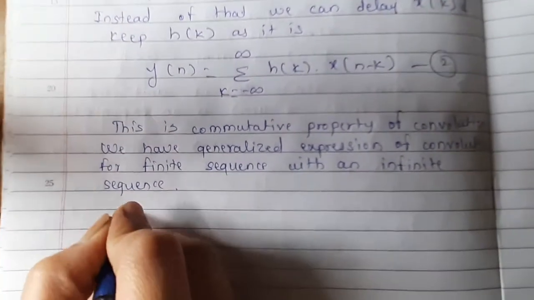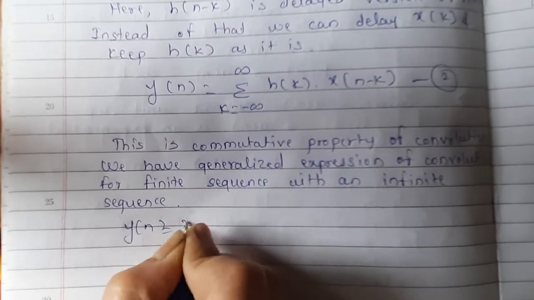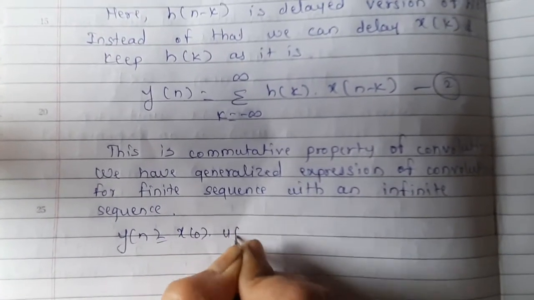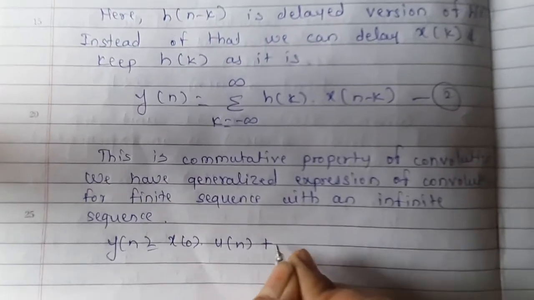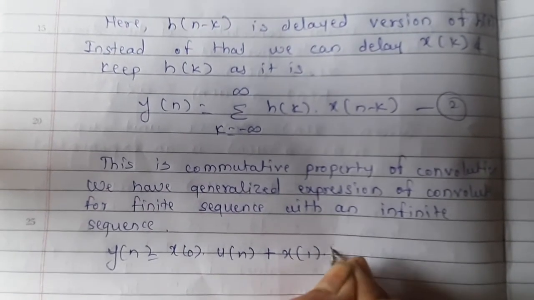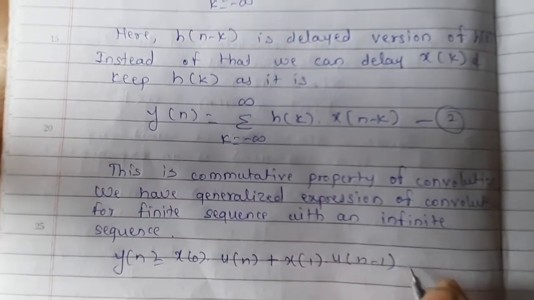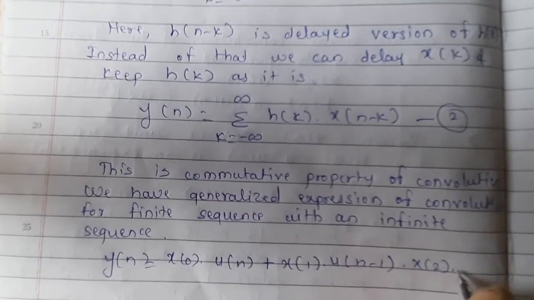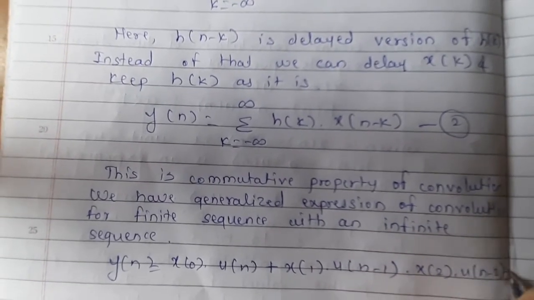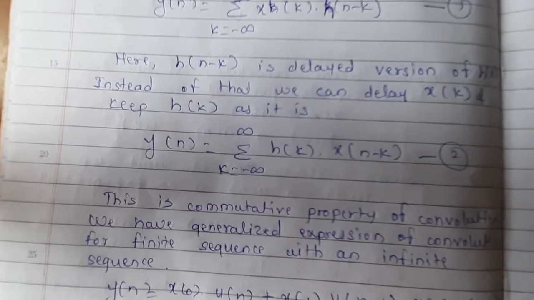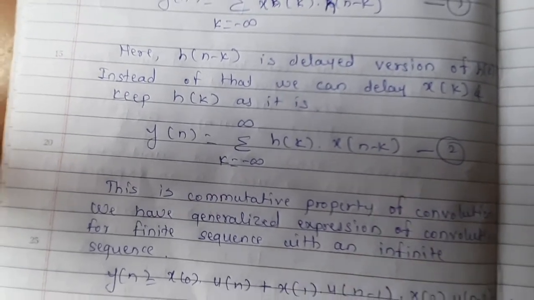So this equation is y of n is equal to x of 0 u of n plus x of 1 into u of n minus 1 plus x of 2 into u of n minus 2 plus dot dot dot. This is our equation 3.